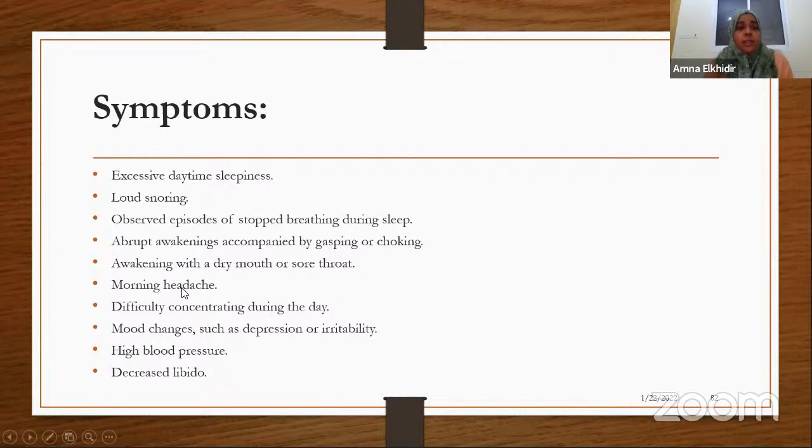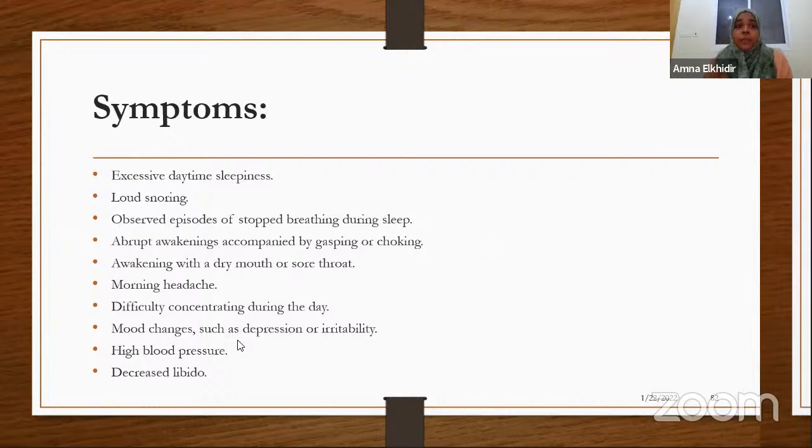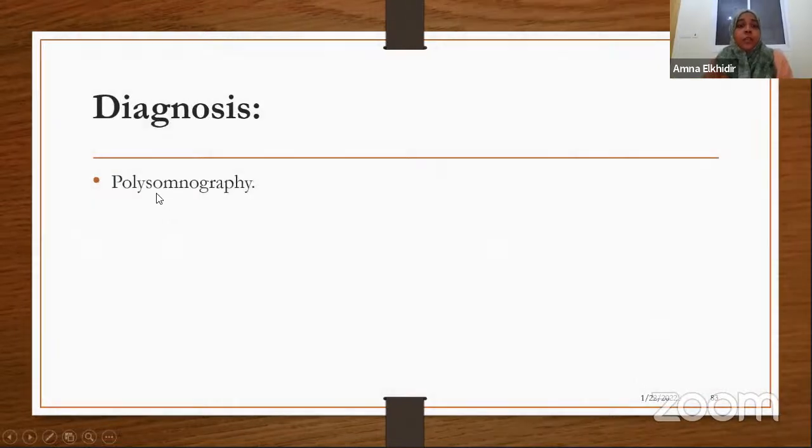There is morning headache, I think due to CO2 retention, difficulty concentrating during the day, and mood changes such as depression or irritability. Also, the patient can develop high blood pressure and decreased libido. It is diagnosed by doing polysomnography.